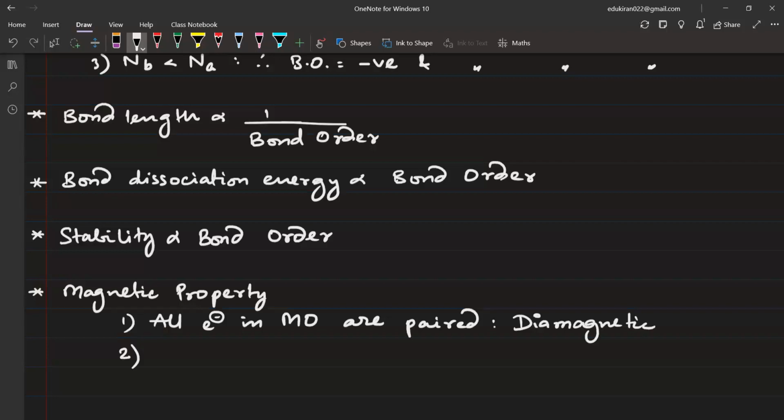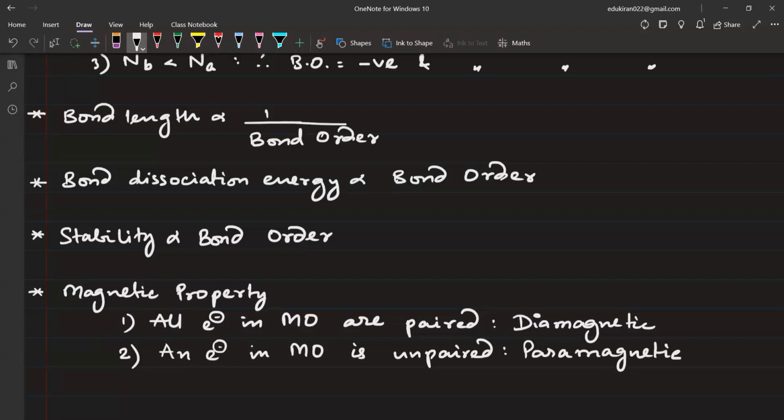Secondly, if you have even one electron in a molecular orbital that is unpaired, then it will be paramagnetic.